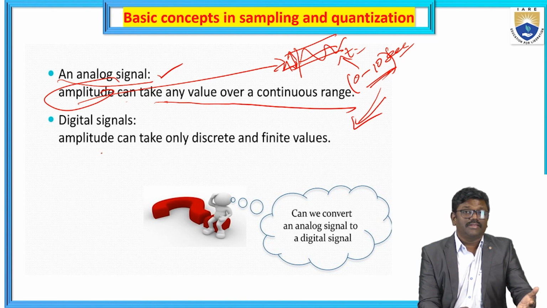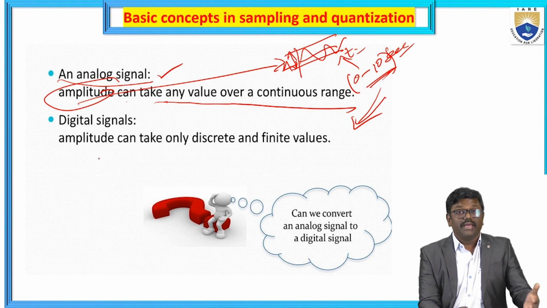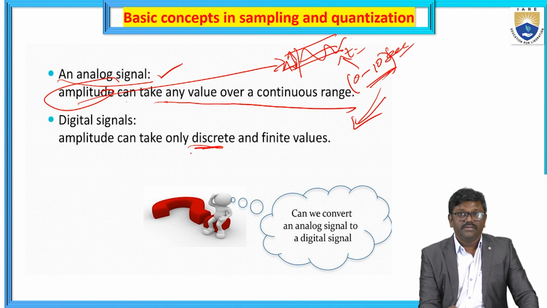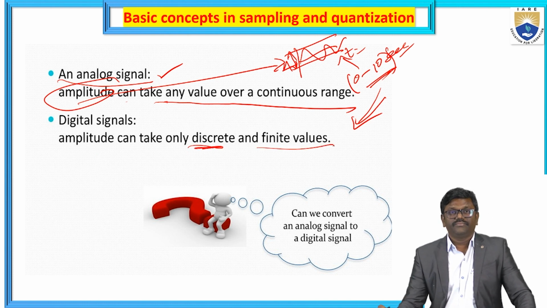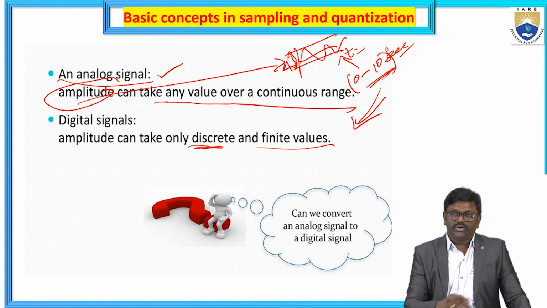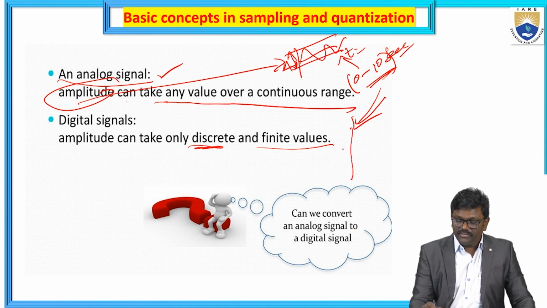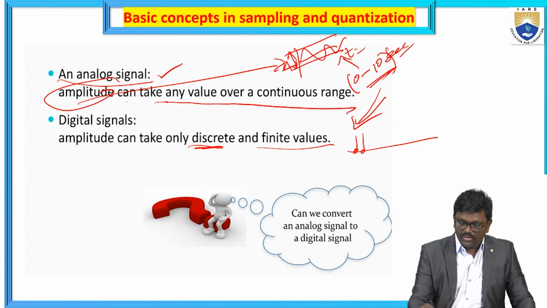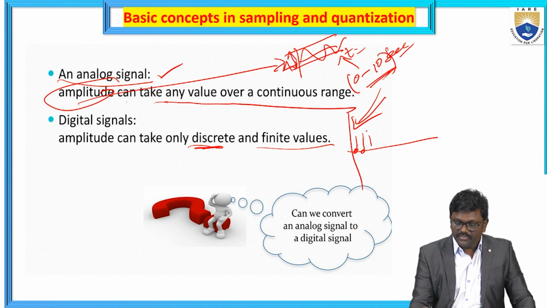What do you mean by a digital signal? The amplitude can take only discrete, not continuous, and finite values. The values are finite, so it does not keep on changing. Your analog signal is there, but here the values change only at instants.